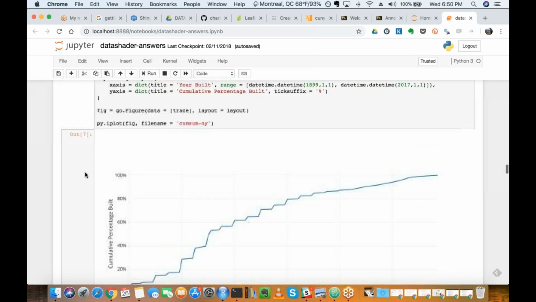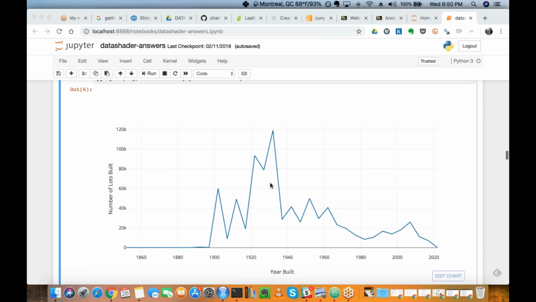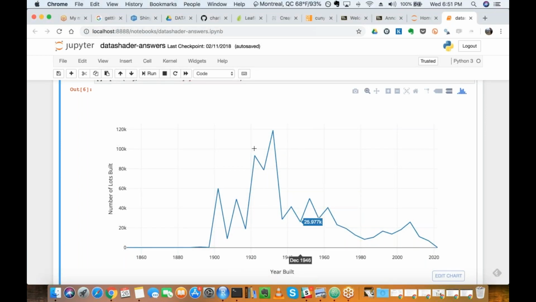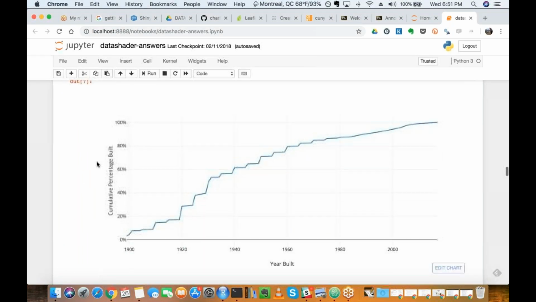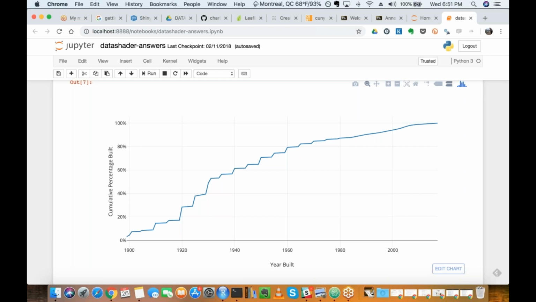Here, rather than looking at just the number of buildings built in certain time periods, we're assuming we have 100% of buildings built at our current time, and looking at what percentage, going back over time, when these buildings were filling in.